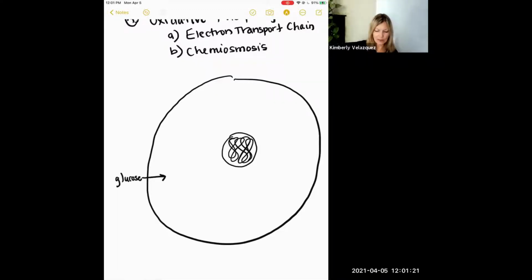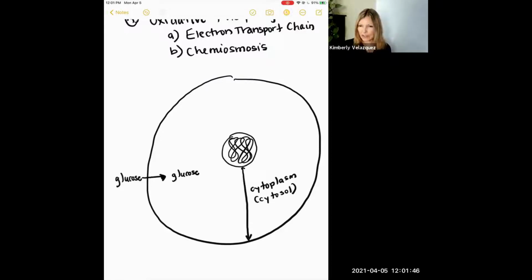Let's assume that this glucose got into our cells and now here it is in the cytoplasm of the cell. So for the purposes of this lecture, we can really assume that this region between the nuclear envelope and the plasma membrane, this whole region is called the cytoplasm. The liquid portion of that is sometimes called the cytosol. So that would be the liquid portion.